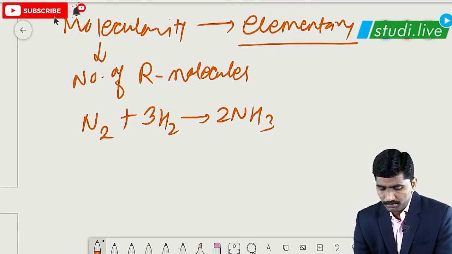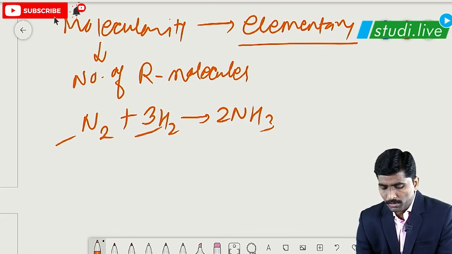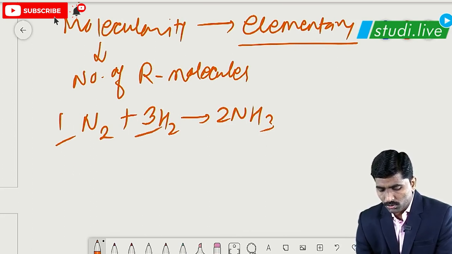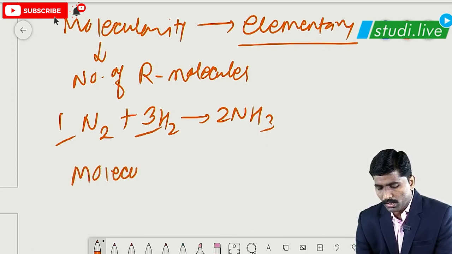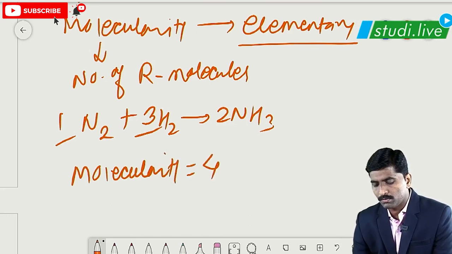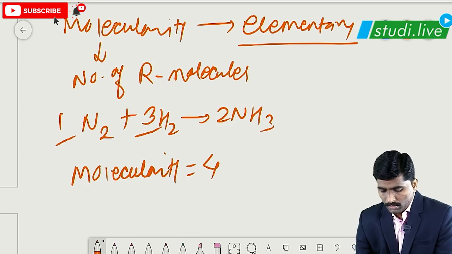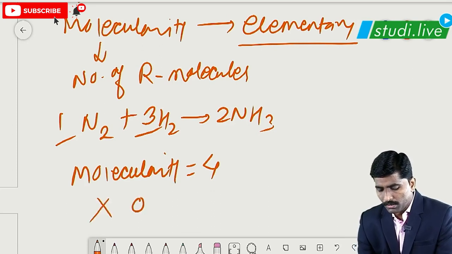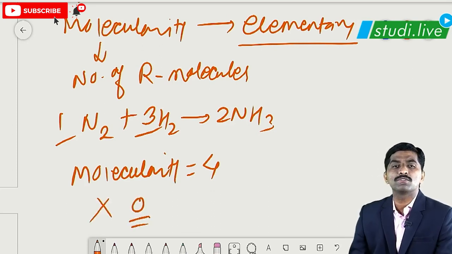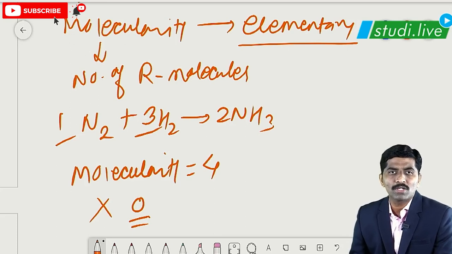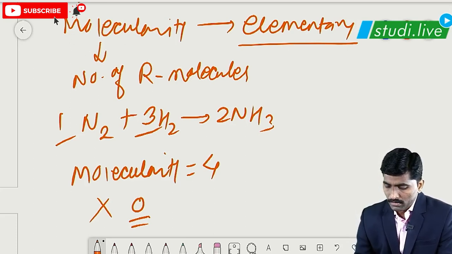For that reason, total number of molecules is 1 plus 3, isn't it? So total molecularity for this reaction is going to be 4. But molecularity can never be 0, because if there is no reactant, no reaction will occur, correct?